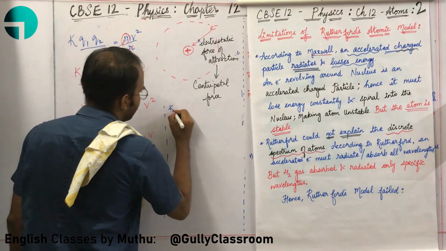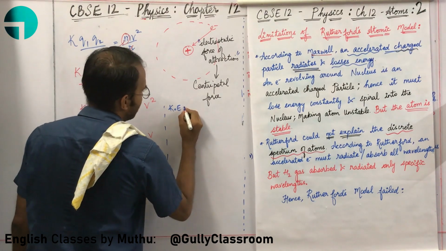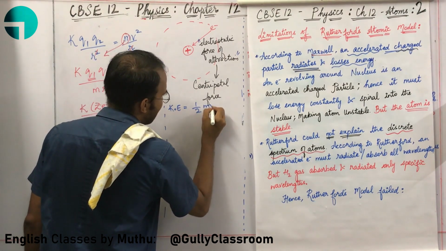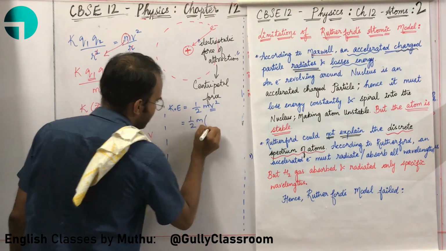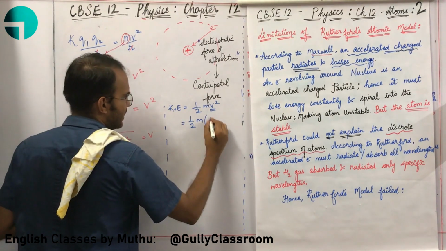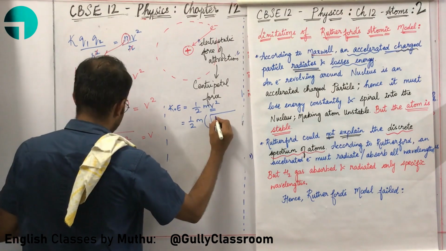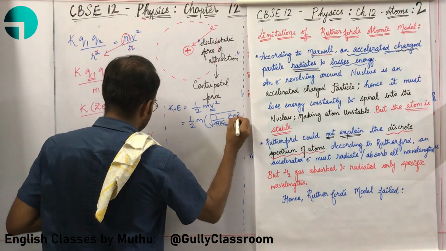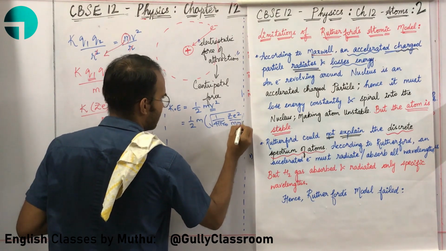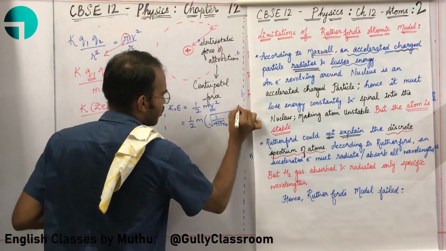Sir, now I need to find kinetic energy, but I know that kinetic energy is half mv square. Here, what is the value of V? The value of V is found here. Let me write it up: 1 divided by 4 pi epsilon naught, Ze square, whole divided by m r. Put a whole square.